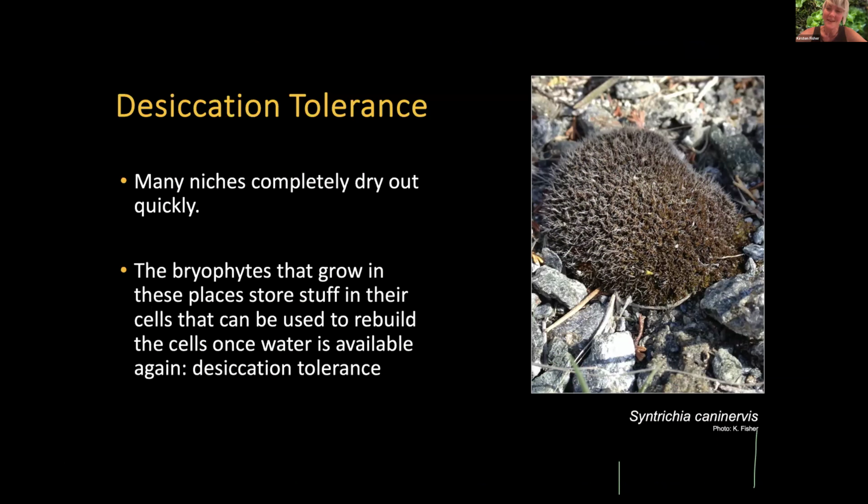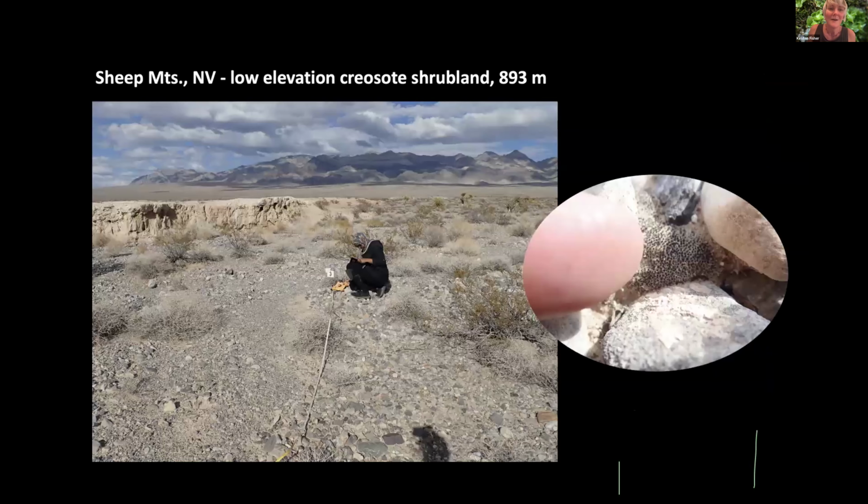So they rely on a repair mechanism for desiccation tolerance. There are some angiosperms that are also desiccation tolerant in their vegetative tissues, but they tend to be based on protecting themselves as they're drying so that they are okay through the drying process. Mosses dry so quickly that it's more about repairing themselves after they're rehydrated.